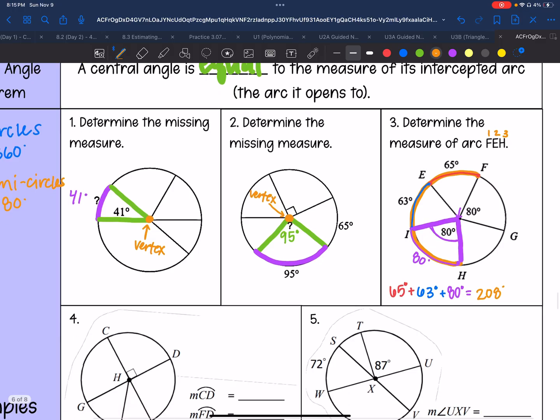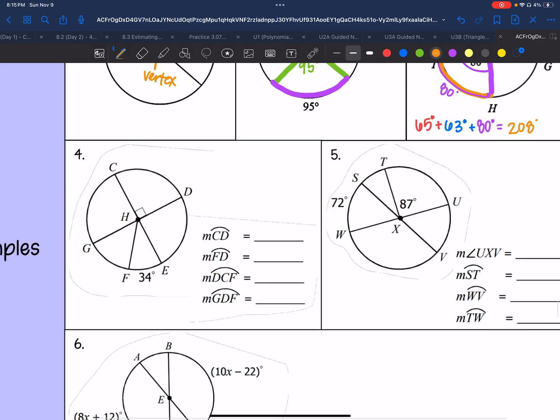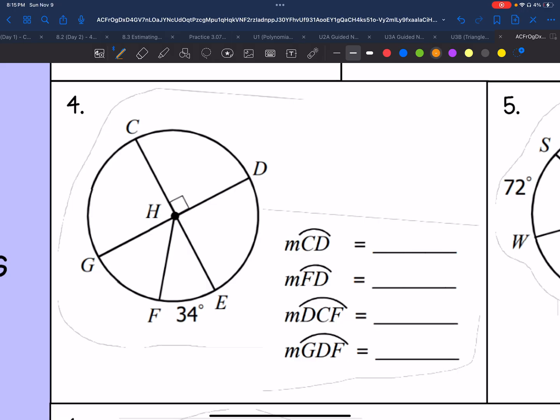All right, moving on to example 4. Notice with 4 and 5, we are leveling up a little bit, so we're going to be given one circle and asked for a couple of different arc measures. So the first arc I'm asked for, which remember, this M right here stands for measure, is the measure of arc CD.